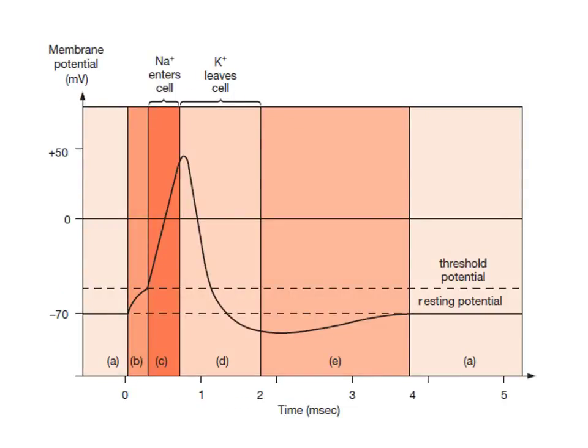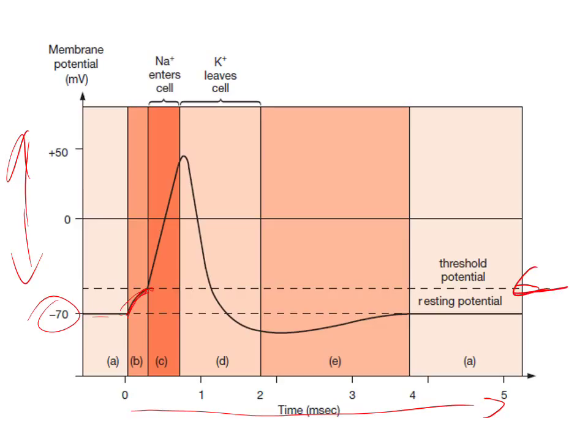So here what you can see is that we start off with the negative 70 charge, and then here we're starting to get our time chart on the left side here. And as we go across here in more time, you can see here that this initial signal wasn't big enough to necessarily stimulate the response. As soon as it hits this dotted line here, that's the threshold for action potential.